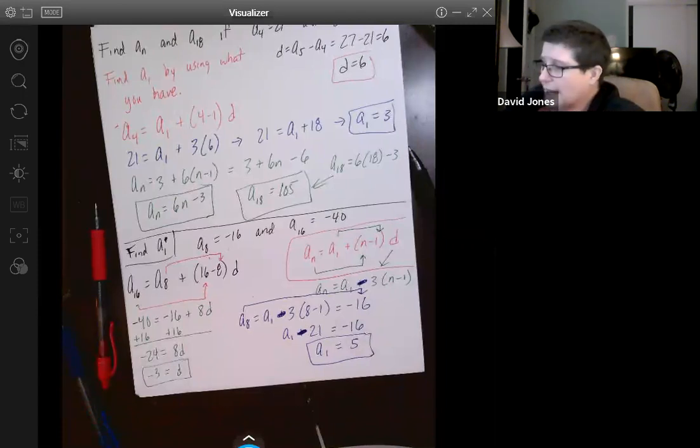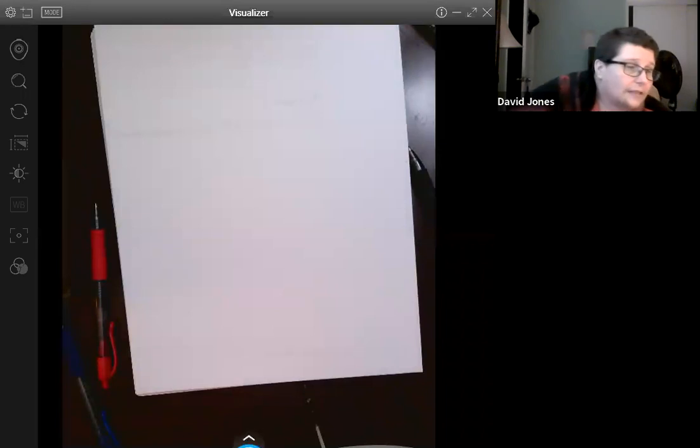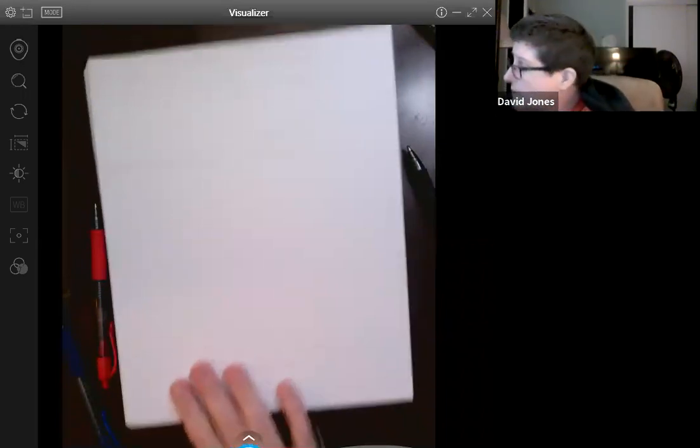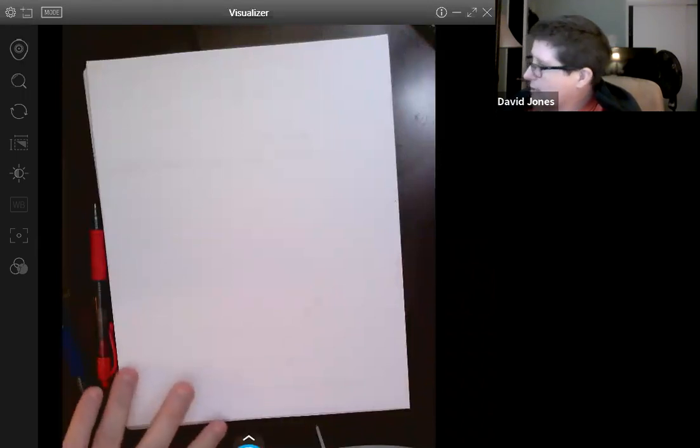Okay. Let's take a look at 11.2. 11.2 is not too bad. 11.3 is not too bad either. 11.3 is on something called the geometric sequence.